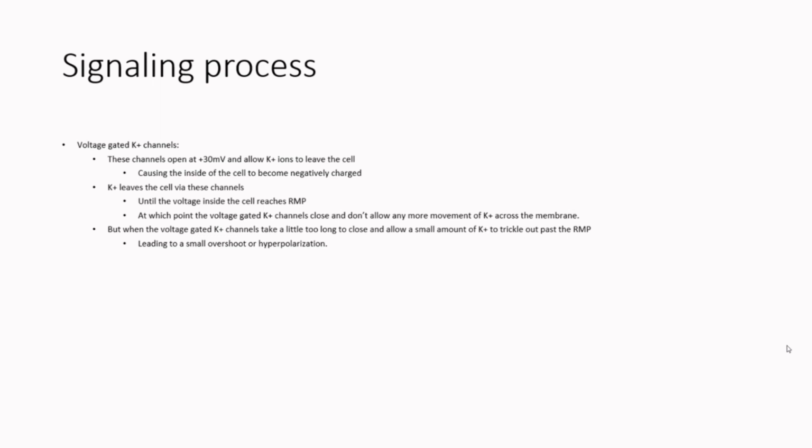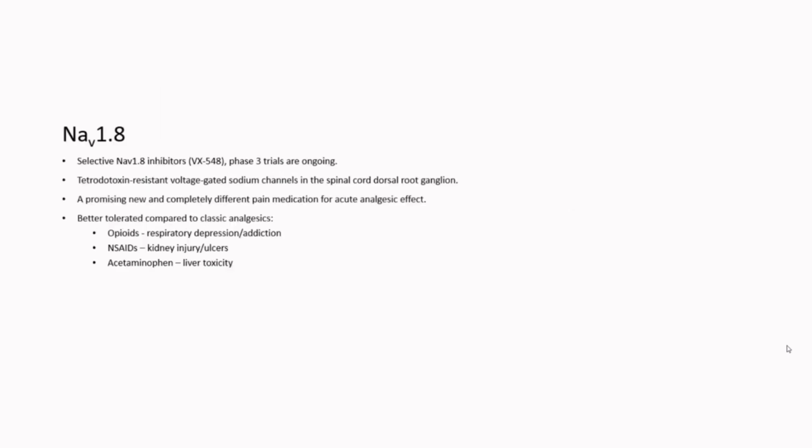So the other channel that is involved in action potentials is this voltage-gated potassium channel. And it opens up at plus 30 millivolt when we reach our peak depolarization voltage, and it will allow potassium ions to leave the cell and cause the cell to become more negatively charged until we reach our resting membrane potential, which is around minus 70 millivolt.